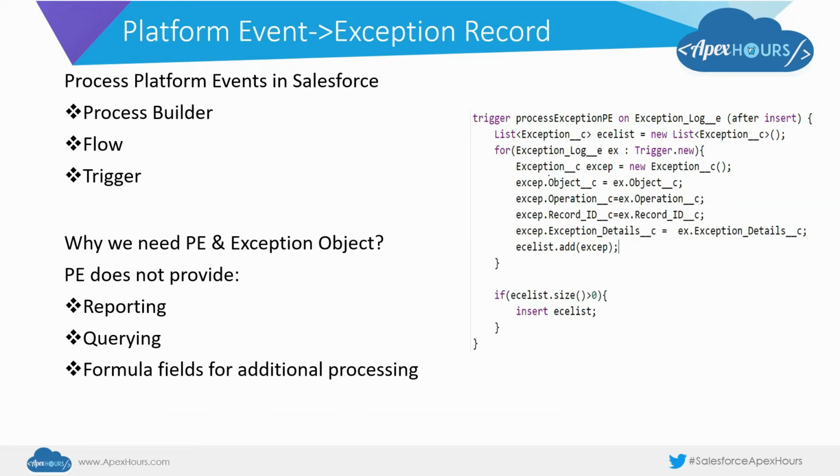If you want to create formula fields on this particular exception record for some additional operations, that's also not supported. That's why we are going with a two-step process. When an exception happens within the transaction, we publish a platform event, and the trigger on the platform event creates the actual exception record.